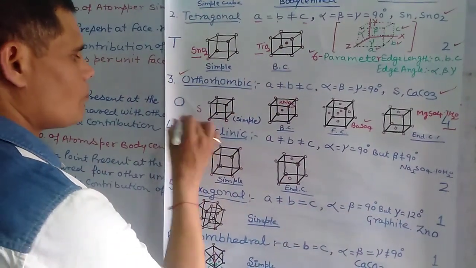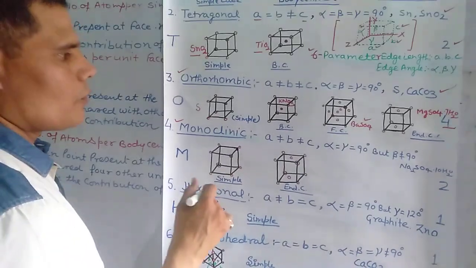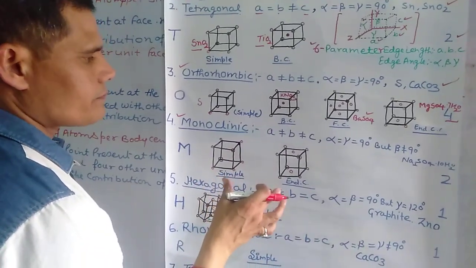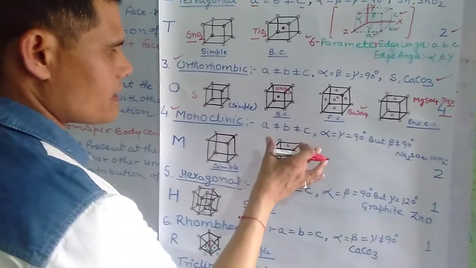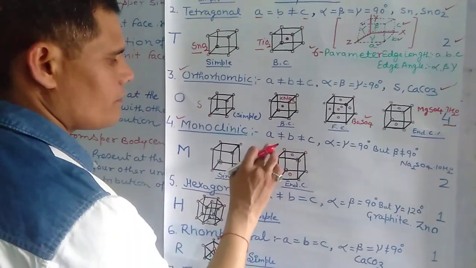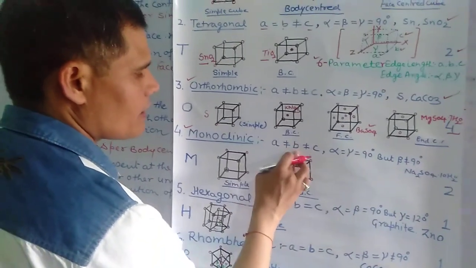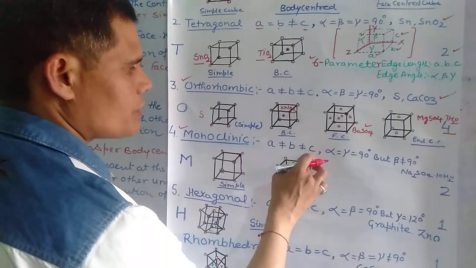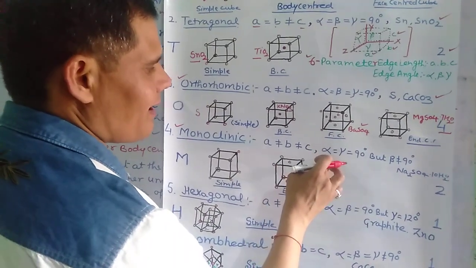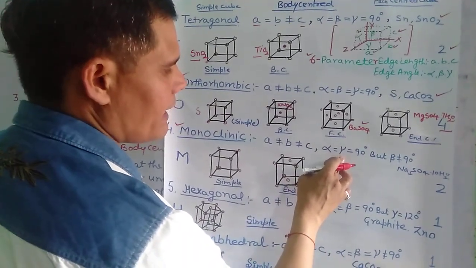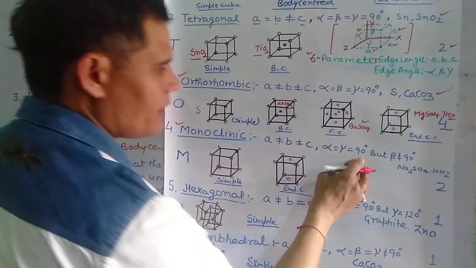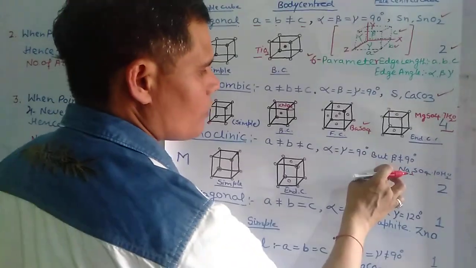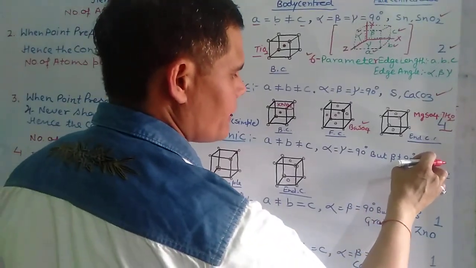Next one is monoclinic. Monoclinic can also be characterized by the 6 parameters when A not equal to B and B not equal to C, but alpha equal to gamma and these are equal to 90 degrees, but beta not equal to 90 degrees.